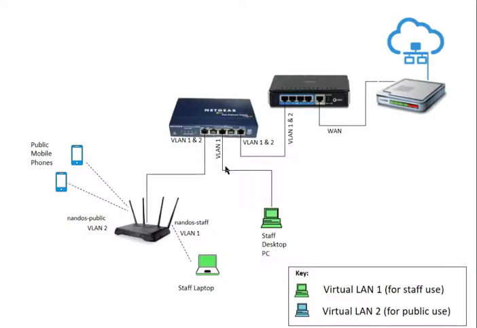They are not allowed. So basically, it keeps data and traffic separate on the two LANs, so the public will not be able to accidentally access or even attempt to access any data on the staff network.